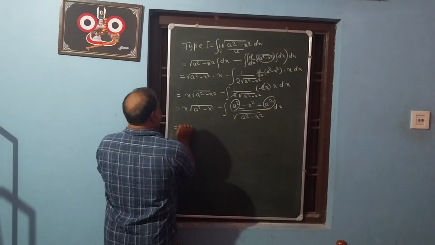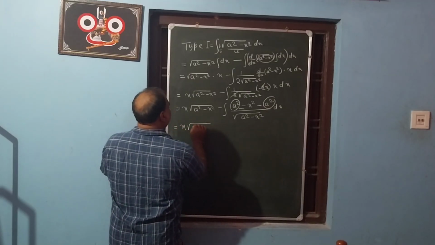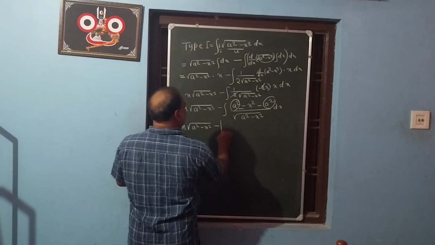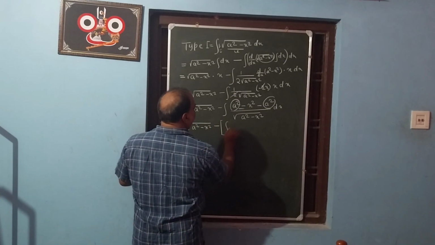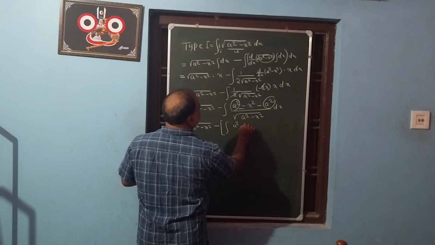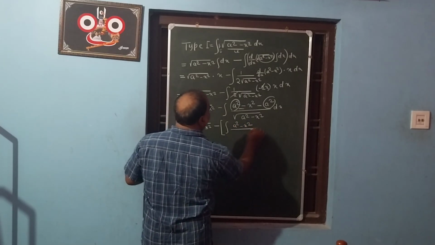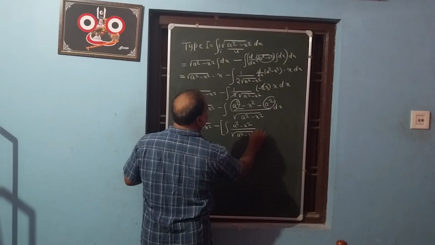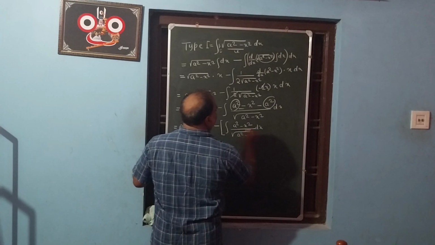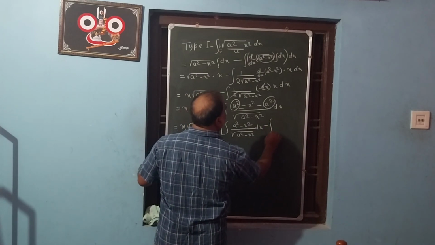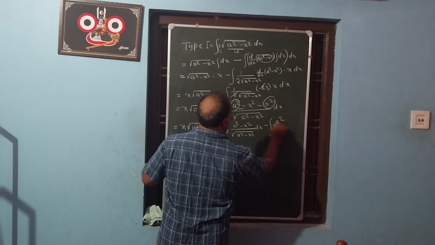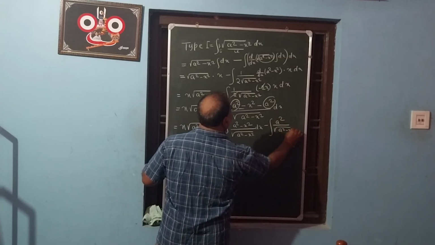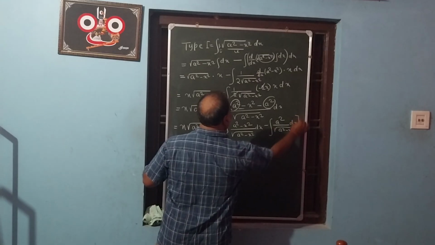Write down x root over a square minus x square, minus integration of a square minus x square divided by root over a square minus x square into dx, minus integration of a square divided by root over a square minus x square into dx.